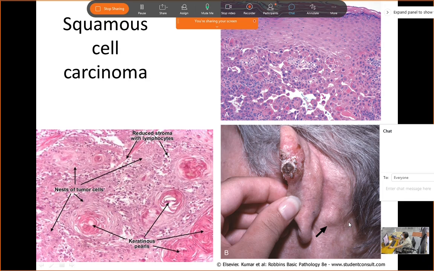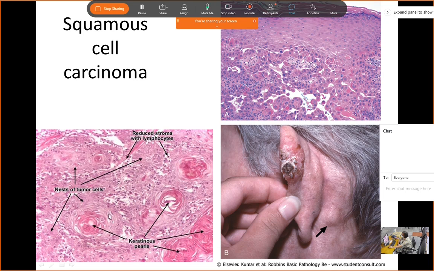Okay, so when a patient comes like this, from this lymph node, we will do an FNAC, and from this lesion, a biopsy. If you take a biopsy from this lesion, what you will appreciate is the stratified squamous epithelium, and right after that, from the basal layer, these cells seem to be proliferating and infiltrating down. So you have proof that these cells are arising from the squamous layer.